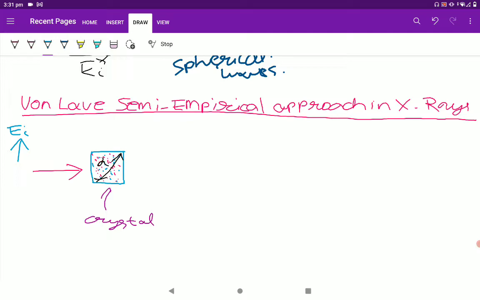This is basically the direction of wave vector ki. The expression for the incident plane wave, which has an electric field, is given by this equation, that is Ei is equal to E naught e^{i(ki·r - ωt)}.